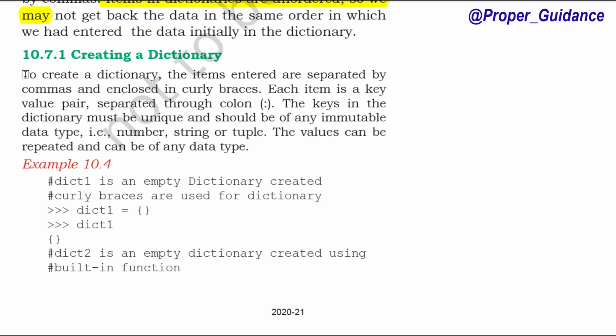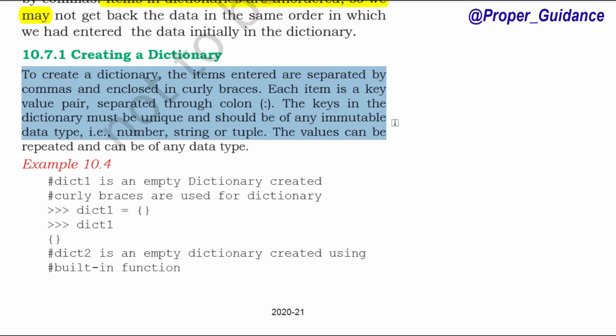To create a dictionary, the items entered are separated by commas and enclosed in curly braces. Each item is a key value pair separated through colon. The keys in the dictionary must be unique and should be of any immutable data type, that is number, string or tuple. The values can be repeated and can be of any data type.